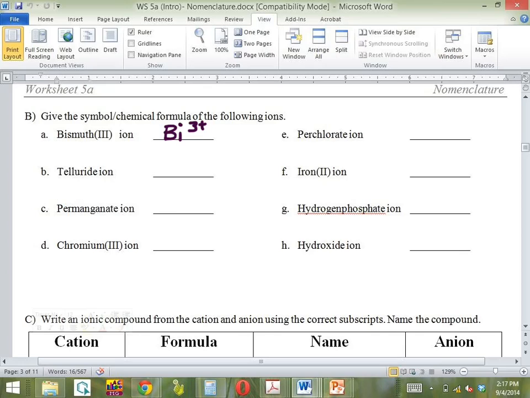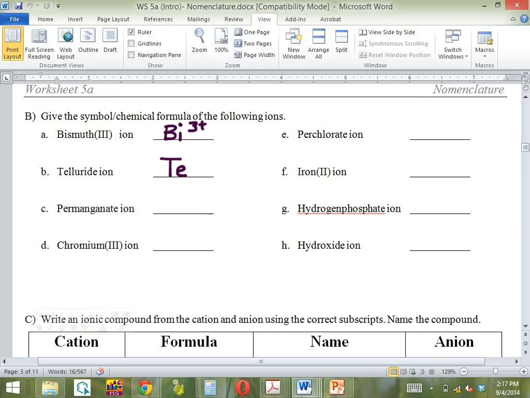Well, there is an element named tellurium, down here, Te. And that would be considered a nonmetal for the sake of nomenclature because it's actually a semi-metal, but it's on the nonmetal side of the line, and so we're going to name it like it's a nonmetal. So telluride has the symbol Te.